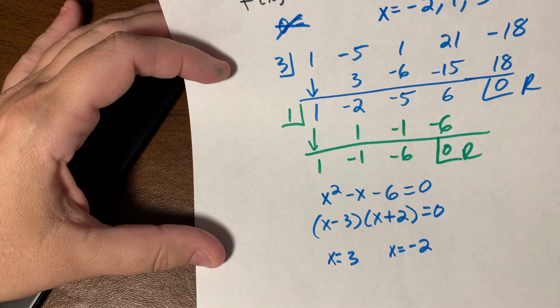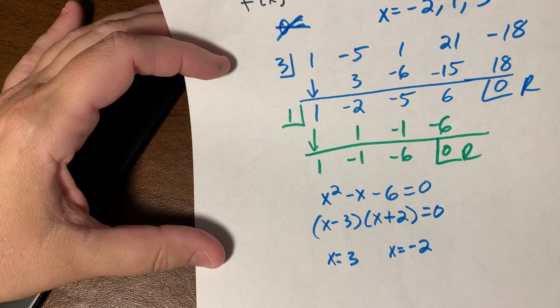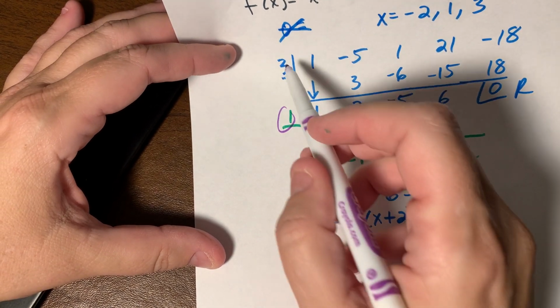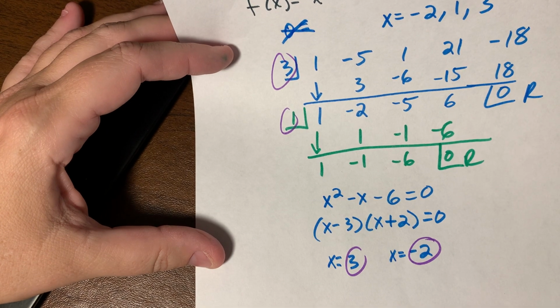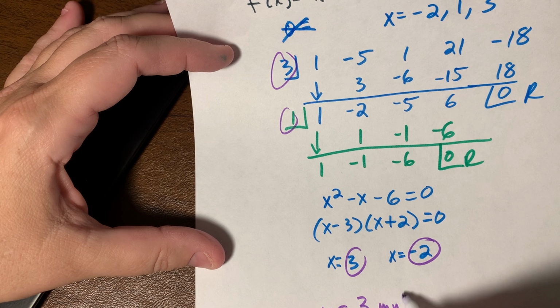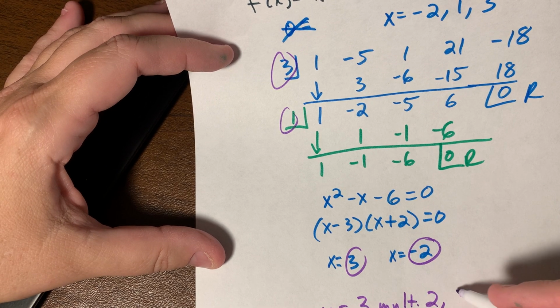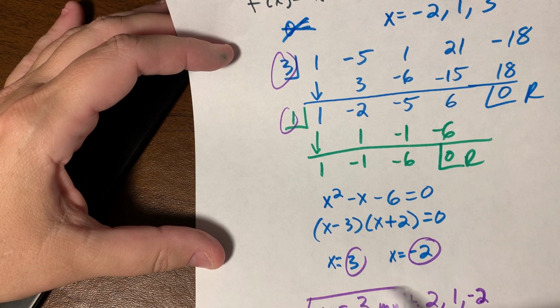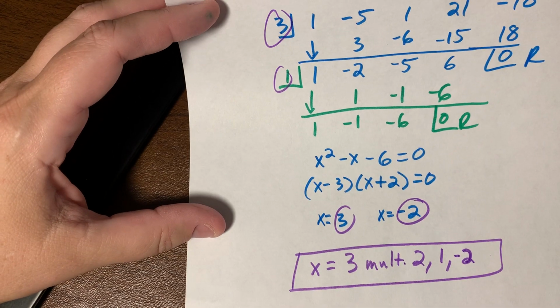When I go back to look for my zeros, I have 1, 2, 3, 4. Okay. So x equals 3 occurs twice, so I'm going to say multiplicity 2. And then I also have 1 and -2. And those are my 4 solutions.